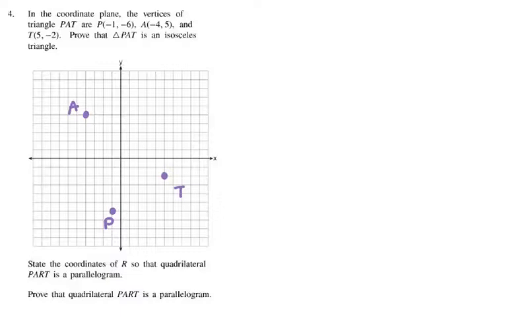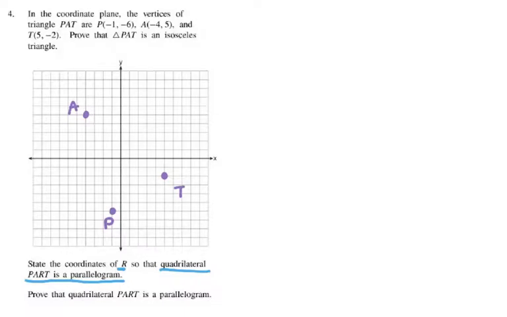The second part of this three-part question is asking us to state the coordinates of R so that quadrilateral PART is a parallelogram. There are several properties that are specific to parallelograms. The one I'm going to focus on here is to ensure that opposite sides are congruent and parallel.